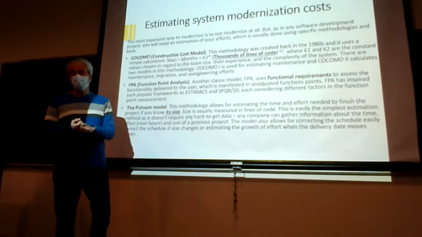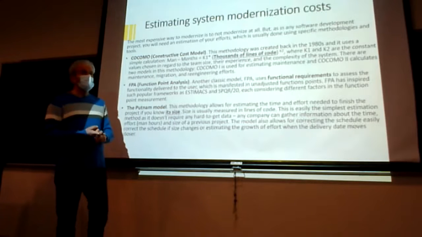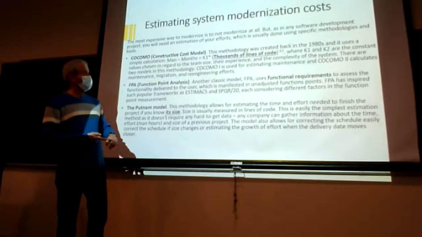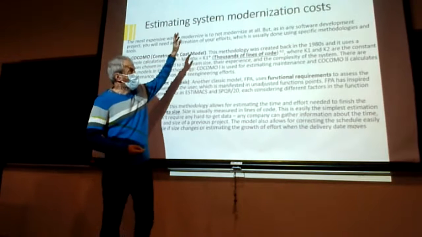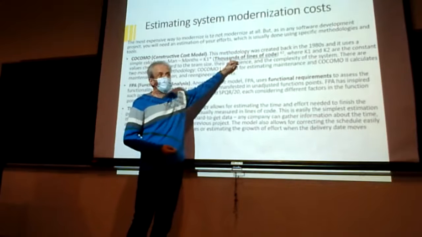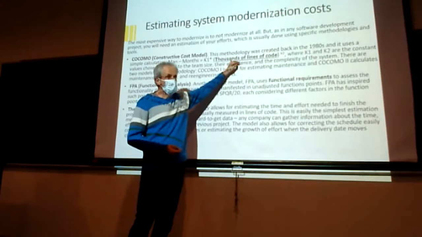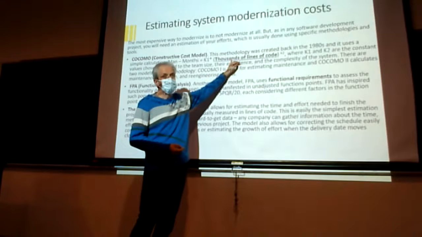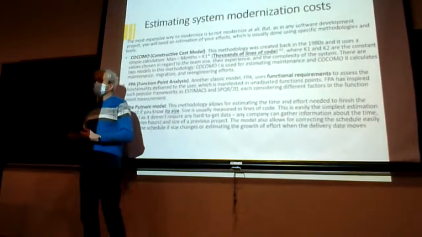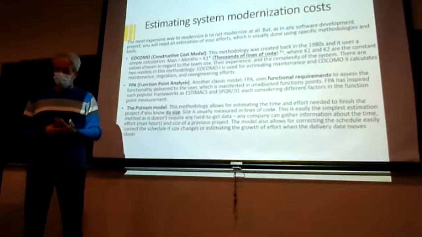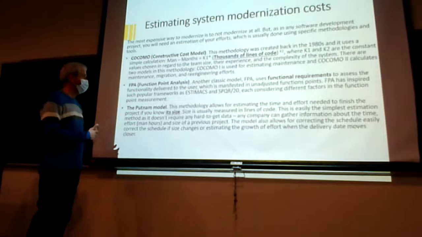Also, it would consider the timeline, how quickly things have to be done. And the main part of the equation would be, however, the size of the system, how big the system is, which you are going to change and migrate.